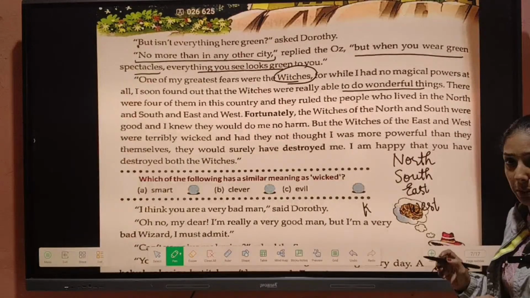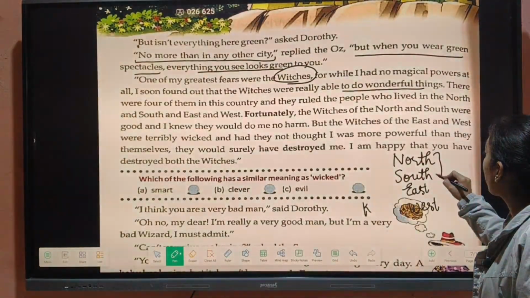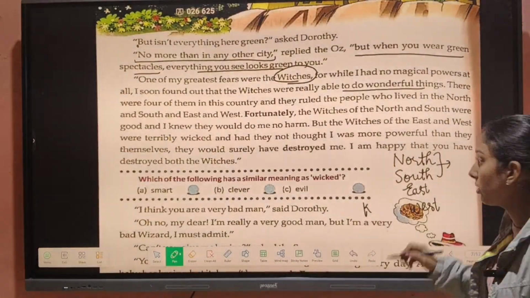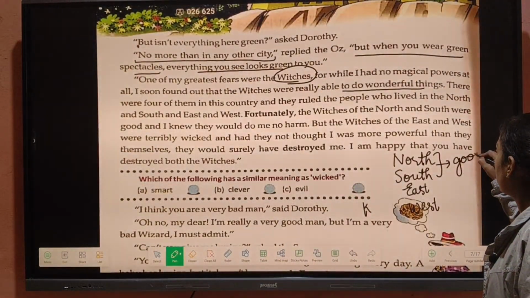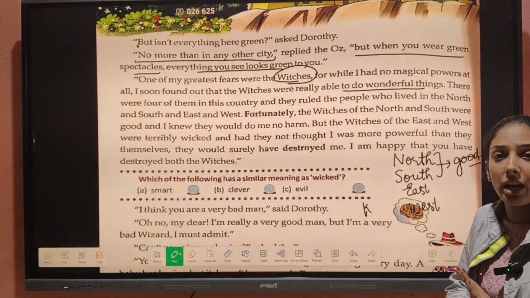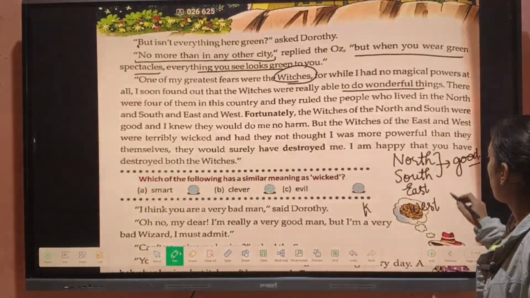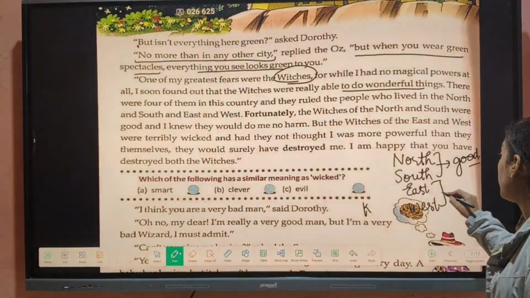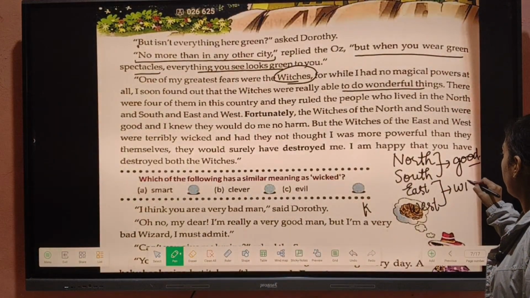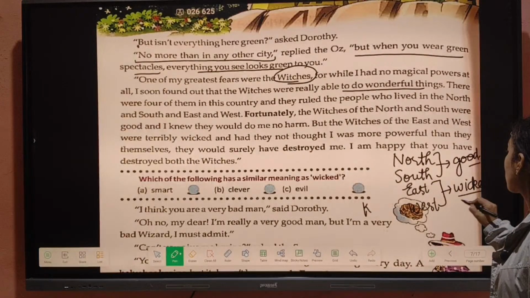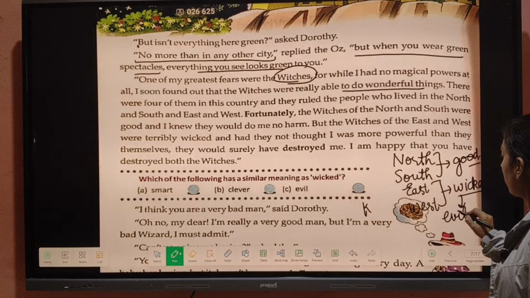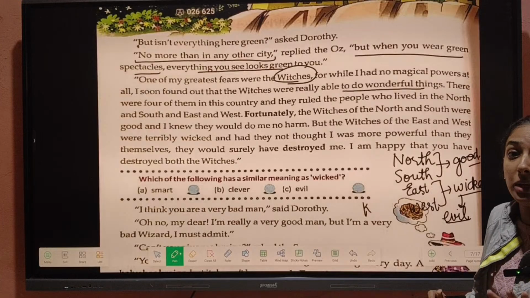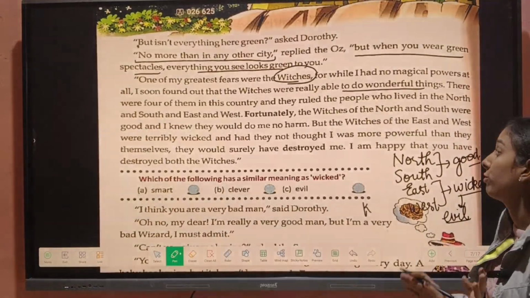North and South, these 2 witches were very good. They didn't cause any harm to Oz. But beta, the witches of East and West were very wicked. Wicked means evil. They were extremely bad, very harmful.